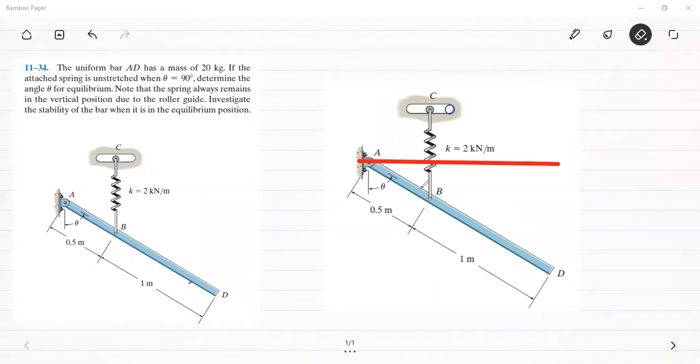It's pretty much obvious that in this position the point B is here, and when the bar is at theta equal to 90 degrees, obviously the bar would be rotating in the anti-clockwise direction when we are moving from theta to this 90 degrees. So it's quite obvious that this point B will shift somewhere here.